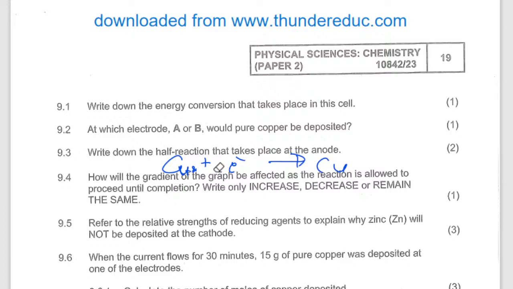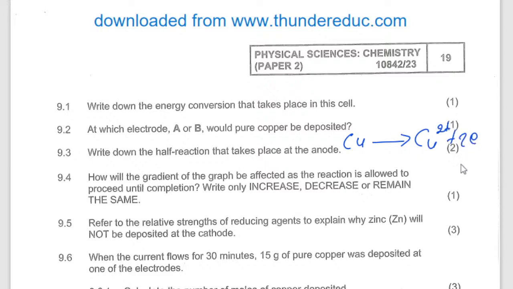Copper 2. Yes, it's copper, but I'm putting the electrons the wrong way. Copper gives you copper 2 ions because it's oxidized from 0 to positive 2, plus 2 electrons. Why do you add 2 electrons here? So I cancel that if it goes back to normal. Yes, this is a solid and this is aqueous. So that's what you're supposed to write in there.